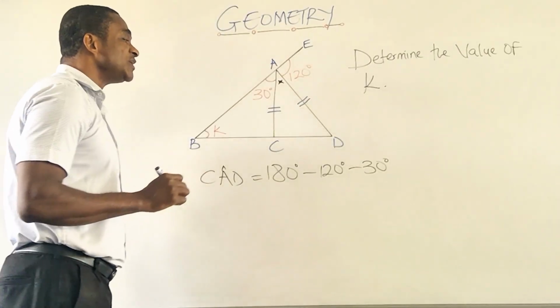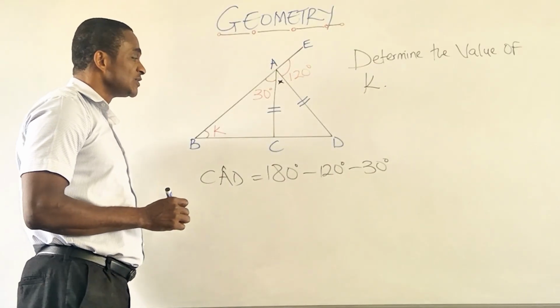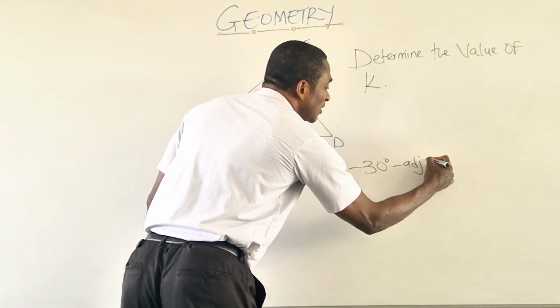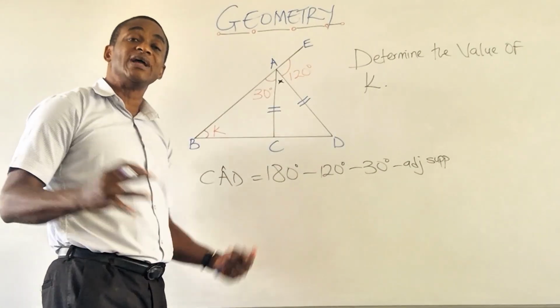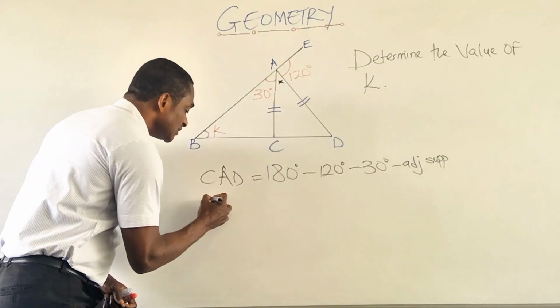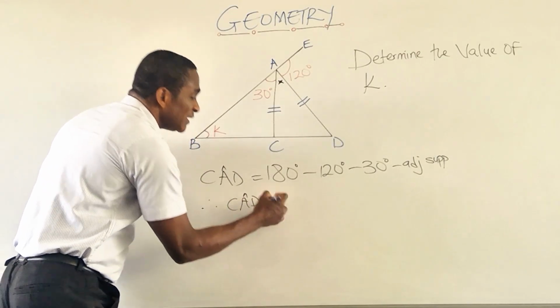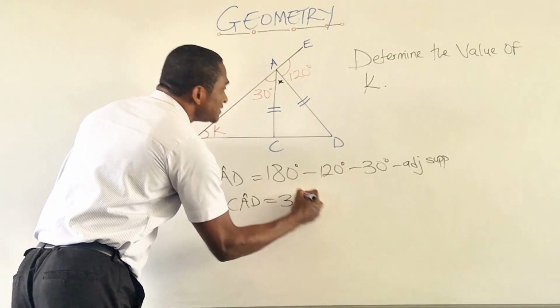And because this is geometry, we must include a reason in everything we do. So our reason will be adjacent supplements, because supplementary angles that are adjacent to each other on a straight line sum up to 180 degrees. Because of that, our angle CAD will be 180 minus 150, and that is 30 degrees.